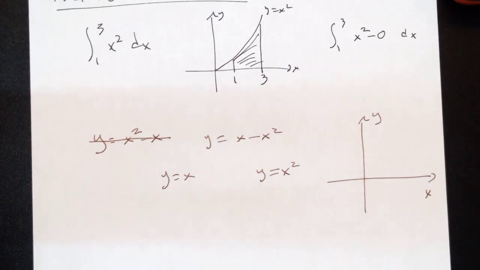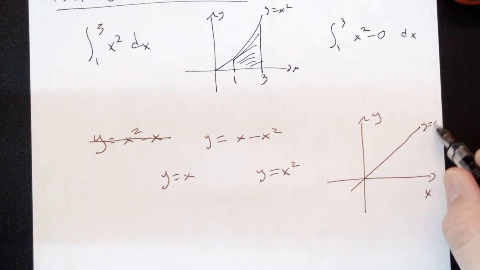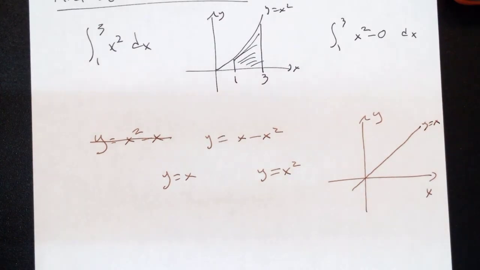So instead of one graph here, I want two. So graph of y equals x. It's a straight line at an angle of 45 degrees. And x squared, that's the parabola we see above, right?